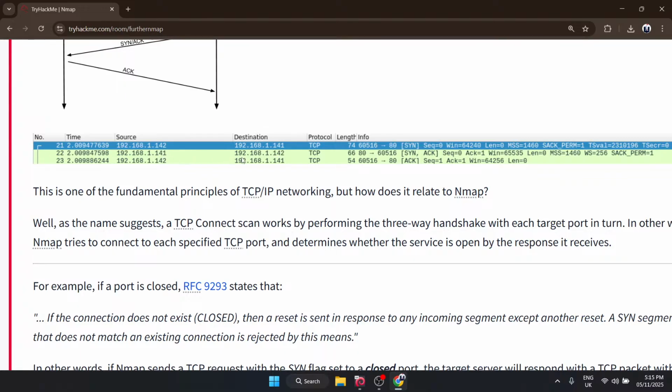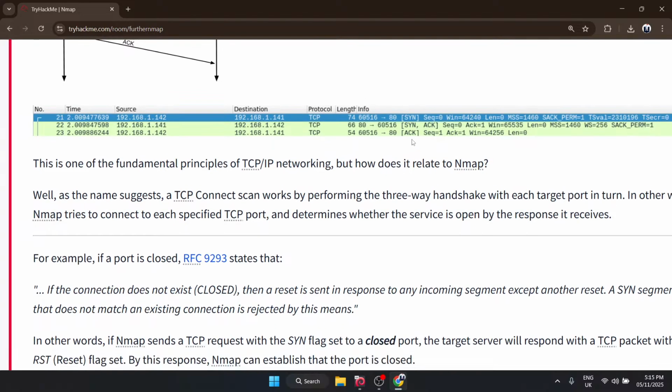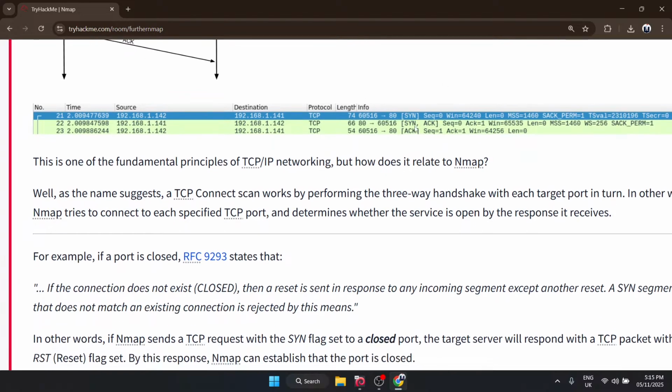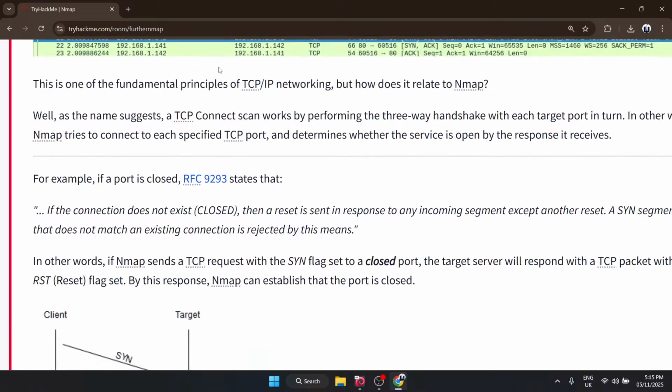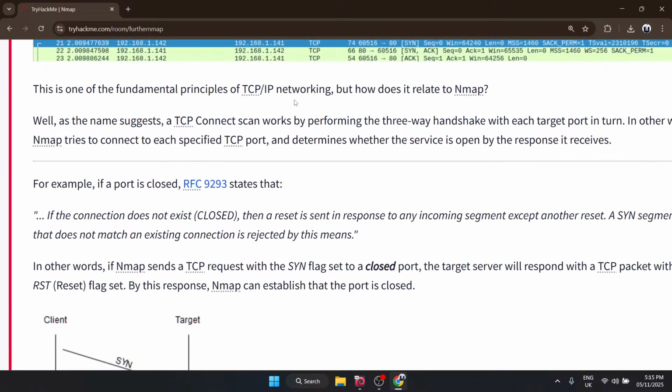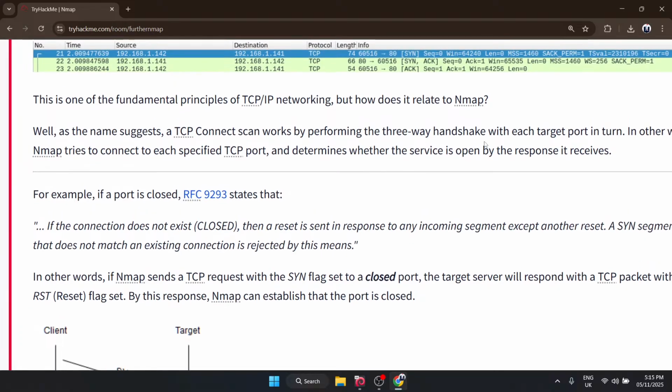Then 141 is replying with the SYN-ACK. Then again our system 142 will send the acknowledgement. So this is how your TCP handshake looks in Wireshark. This is one of the fundamental principles of TCP/IP networking. But does it relate to Nmap?